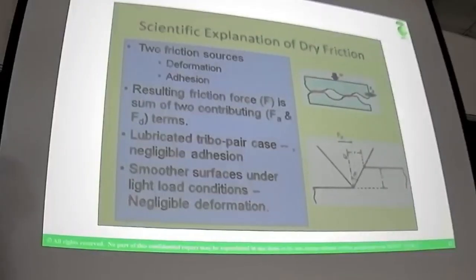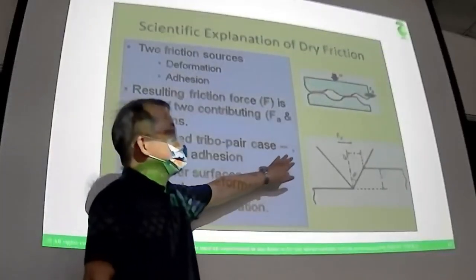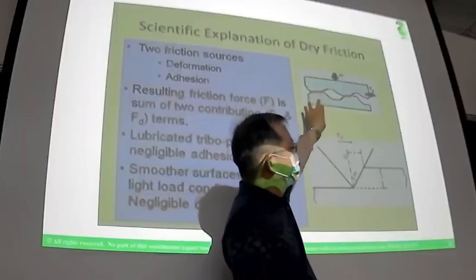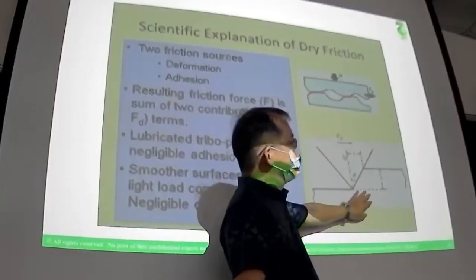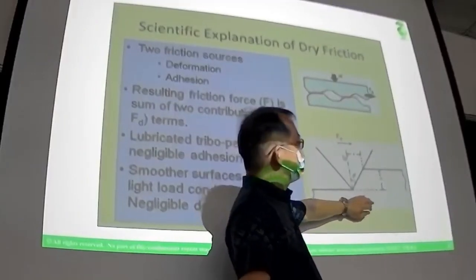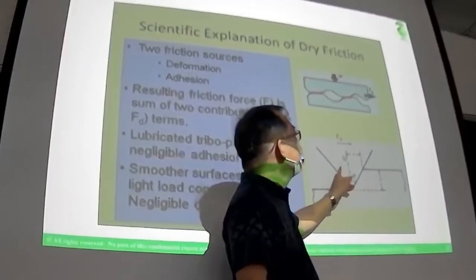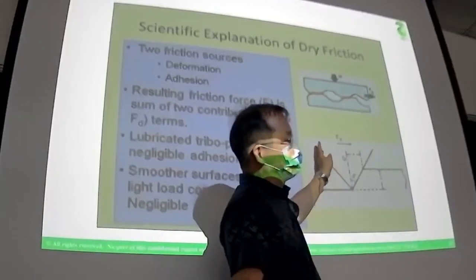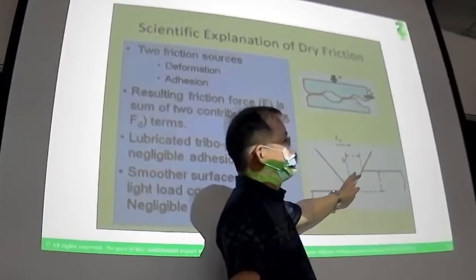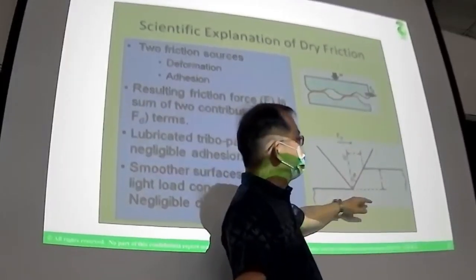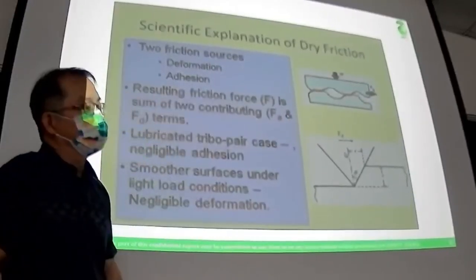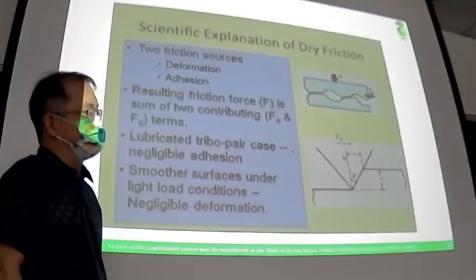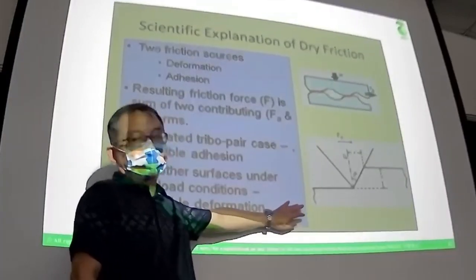So this is the asperities from the top surface. So if we assume the bottom surface is the soft material, then the top asperities can have a scratch on the bottom surface. So you can generate some friction force on the softer material.